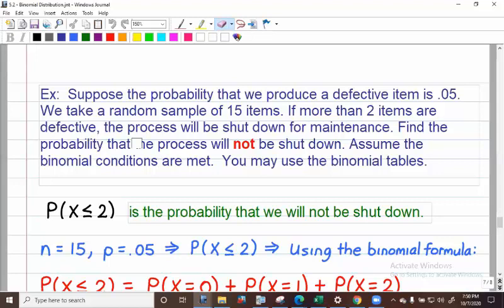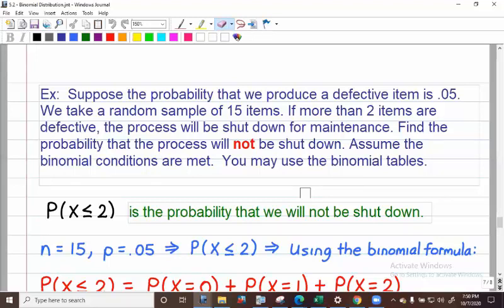Now the wording here is asking to find the probability that we will not be shut down. A lot of times these questions will say you can assume it's binomial, which is telling you that you can use the tables, but you don't have to. So here's the key.